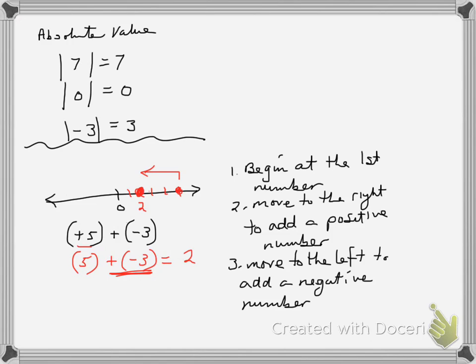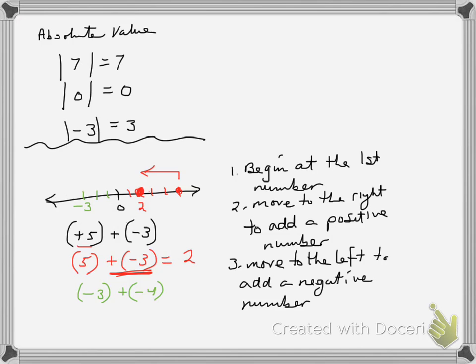Let's try another one. Why don't you put this on pause and try this by yourself? And go ahead and unpause this once you have figured out the answer, and I will illustrate it for you. Here I would begin at -3.